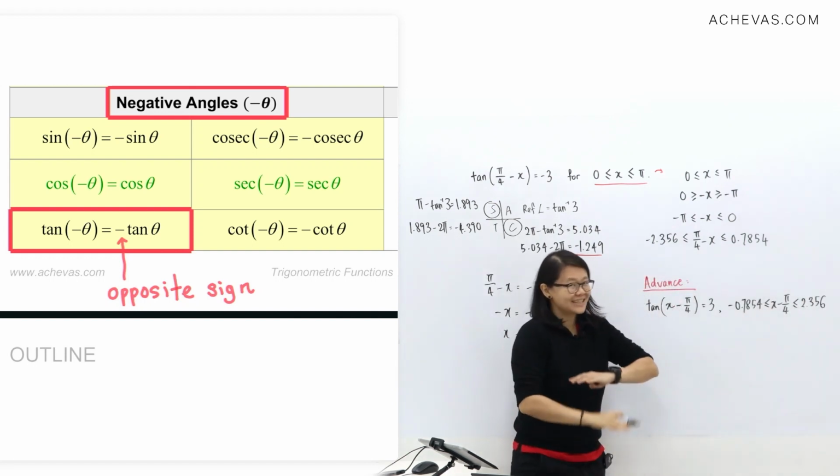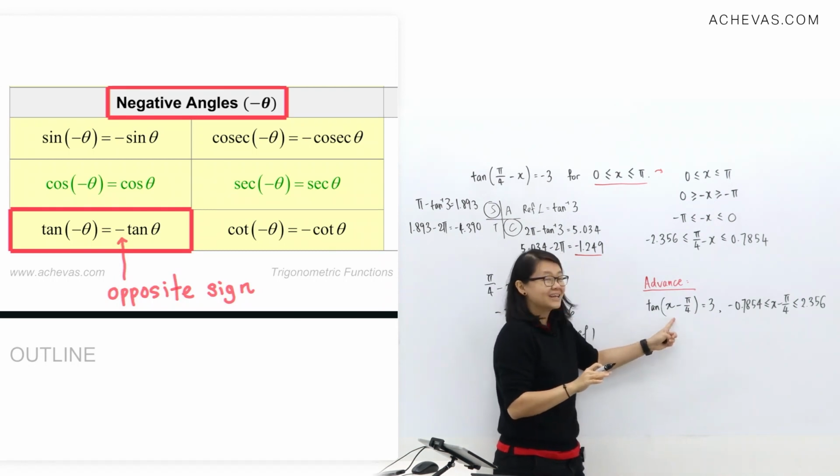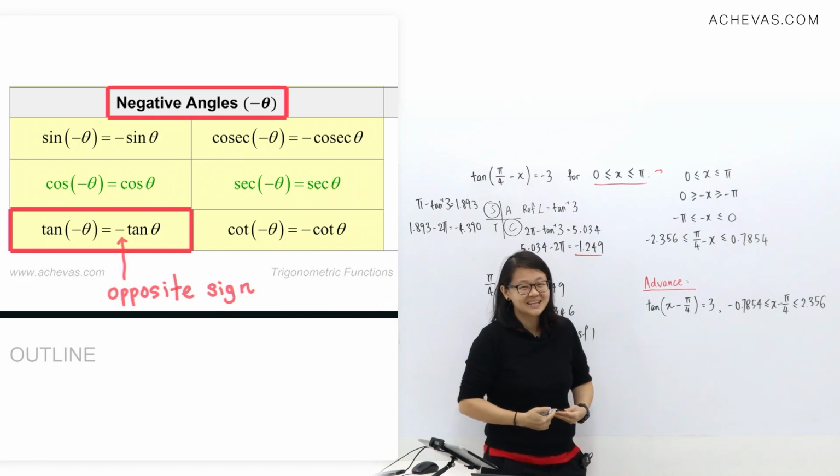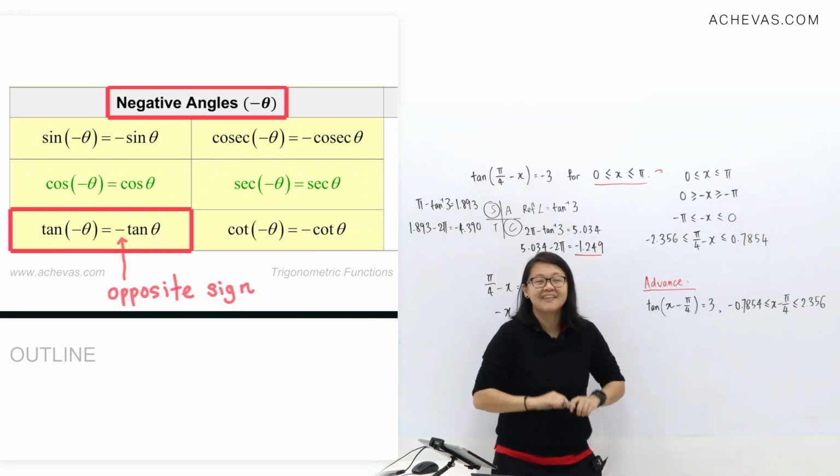Now then, you will take the usual way of solving this using this range here. You should be getting the same result as me without using any negative angle.